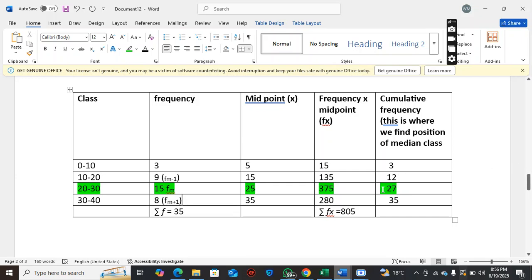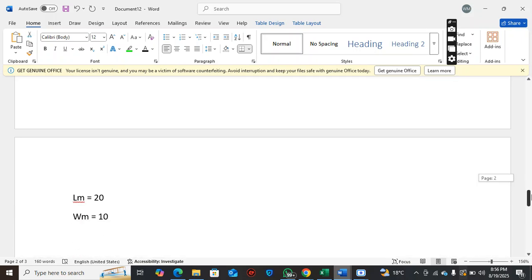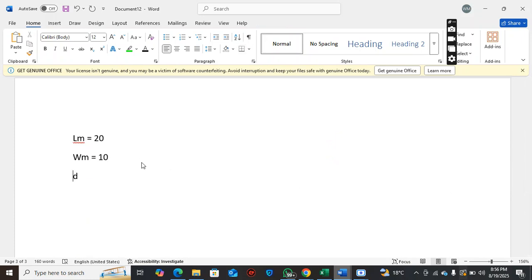So when we say D1, we're just subtracting these two. D1 is just Fm minus Fm minus 1. So you say 15 minus 9, that is 6.